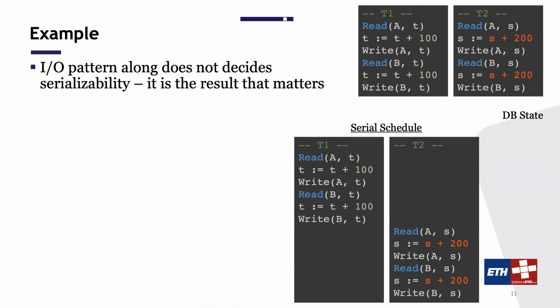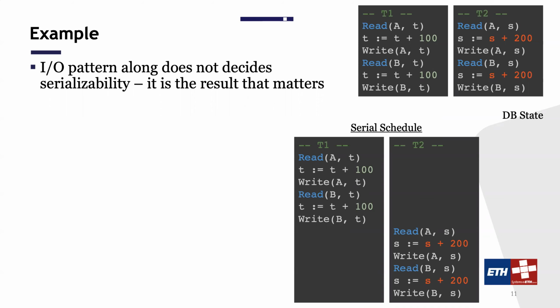One thing that's interesting is that serializability is not only a function of the read and write pattern, but also a function of the computation itself. Let's look at this example. Here, I'm twisting T2 a little bit. Previously, I had T2 with S equals S times 2. But here, I'm changing T2 so that I just increase S by 200.